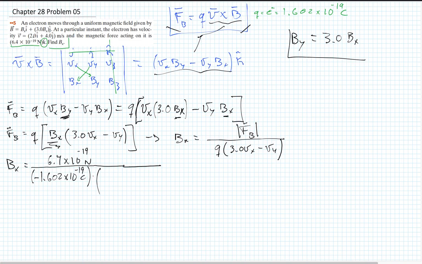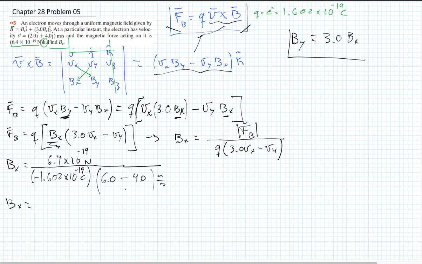But who is Vx? 2. So it's going to be 6.0 minus Vy. Who is Vy? This guy here, 4.0. Everything here is in meters per second. So Bx will be what?